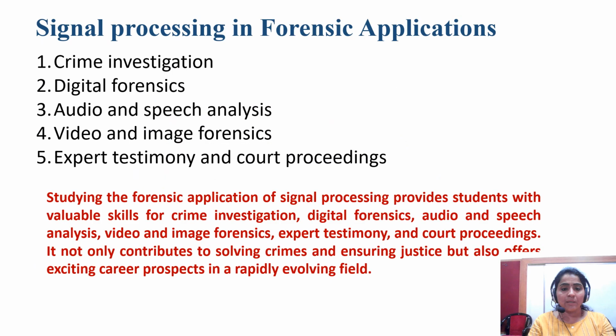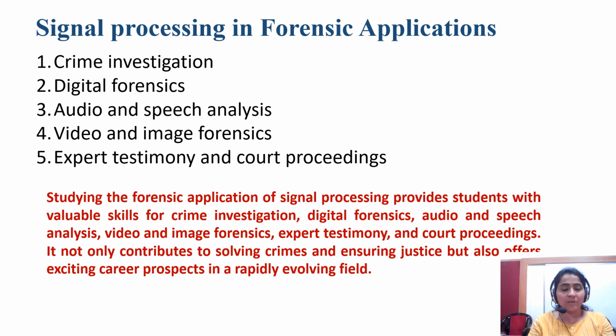So let us first see what is the need of this forensic application, why we have added this subject as one of the program electives. While doing forensic investigation or finding the evidence for a particular crime, signals are involved. Which kind of signals are there?